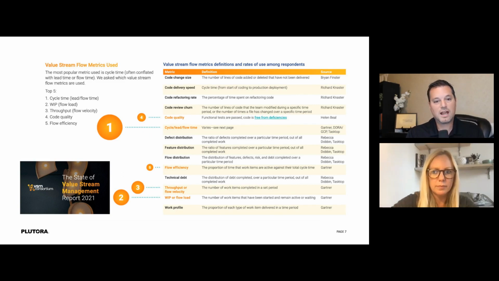I was really kind of surprised that more people were talking about the work in progress and wanting to have that, not necessarily that they had it, but wanting to have it. And fascinatingly enough, in the research, it showed these lined up really well with the metrics that Gartner defined. So it seems like people are wanting the right kinds of metrics and looking to get them.